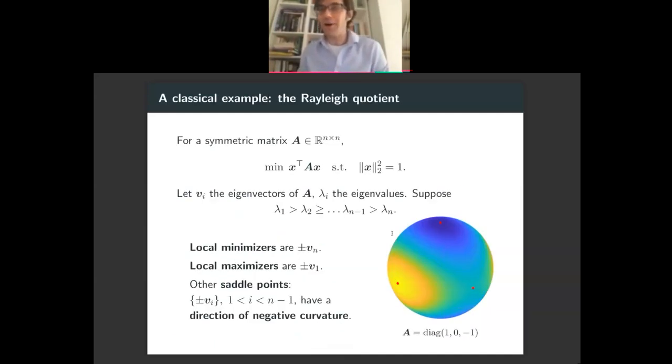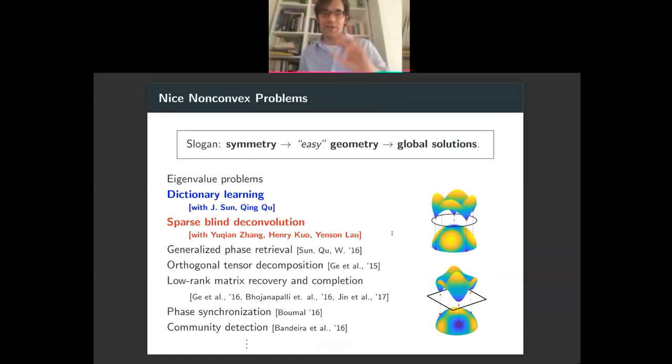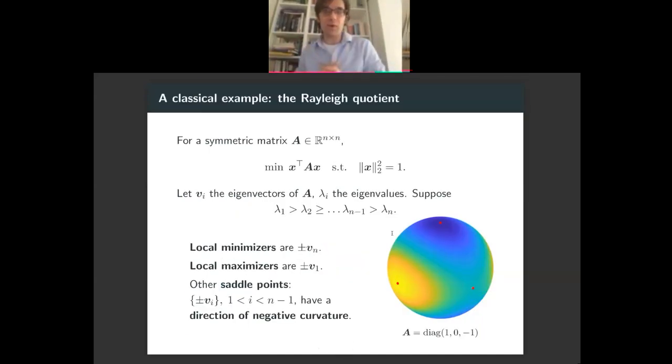Now, before we talk about these non-convex optimization problems that we may or may not be able to solve, it's worth starting with the one that we can solve, because this does have something useful to teach us. If you do numerical work, there's one non-convex optimization problem that you solve maybe almost every day.